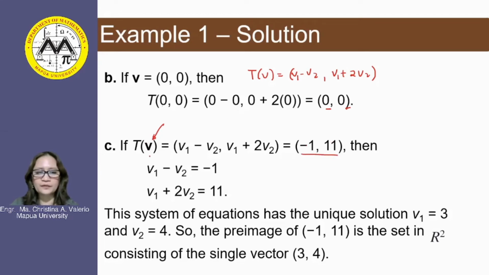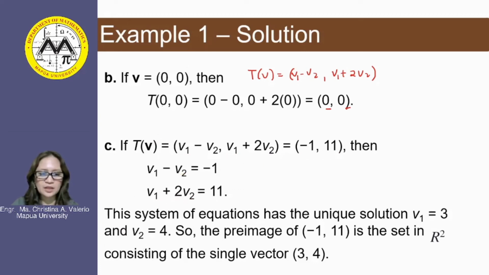So in order to find the components of the vector v, being v sub 1 and v sub 2, all we have to do is apply our vector equation. We will have the first component, v sub 1 minus v sub 2, equal to negative 1. And then we also have v sub 1 plus 2 v sub 2 equivalent to 11. And all we have to do is simply solve the system of equations.